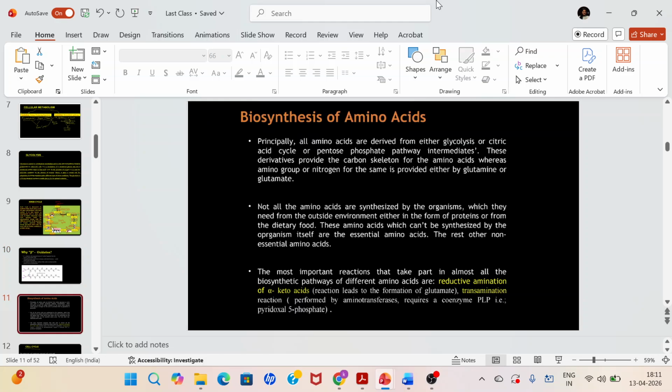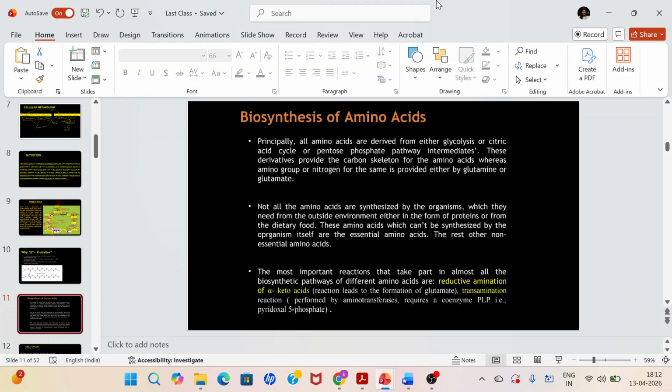Okay, next is the biosynthesis of amino acids. So principally all amino acids are derived from either glycolysis or citric acid cycle or pentose phosphate pathway intermediates. So basically it is the intermediates in all of these three reactions that are the precursors for all of the amino acids that are formed inside the body, which are non-essential.